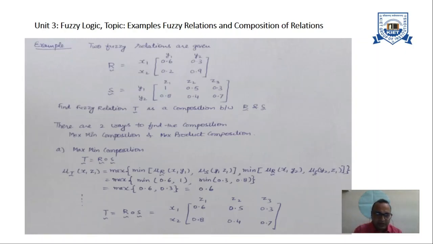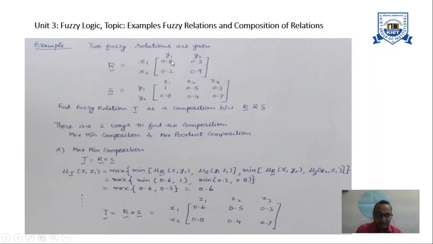In the same way, I am coming here again. X1 is fixed, it is the source. Z1 is fixed, it is the destination. There are two paths. We can come from X1 to Z1 via Y1 or via Y2. If I come via Y1, X1 to Y1 membership is 0.6, and from Y1 to Z1 membership is 1. We take the minimum one, so the value will be 0.6.